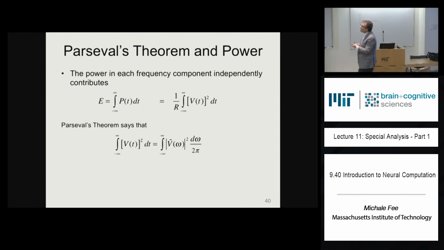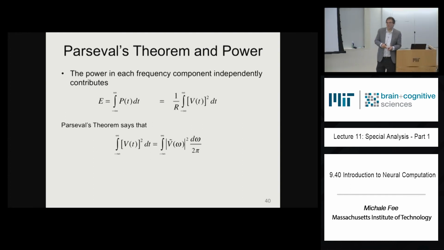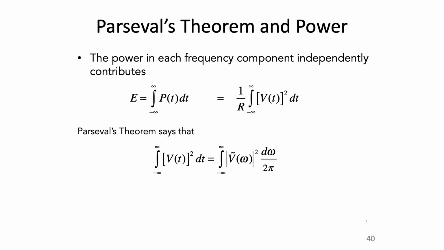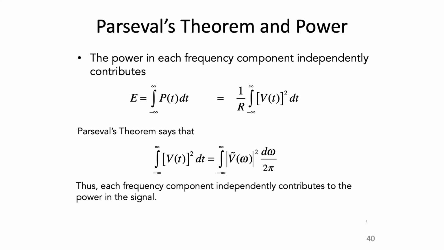Now there's an important theorem in complex analysis called Parseval's theorem that says that the integral over the square of the coefficients in time is just equal to the integral of the square magnitude coefficients in frequency. Okay?